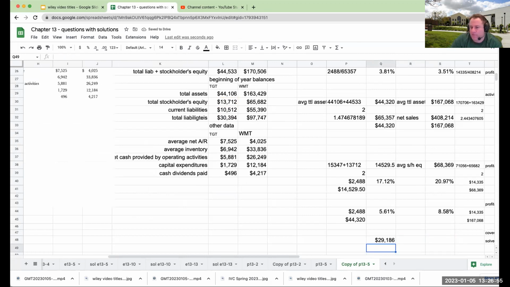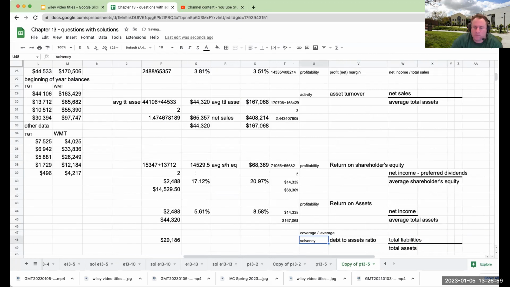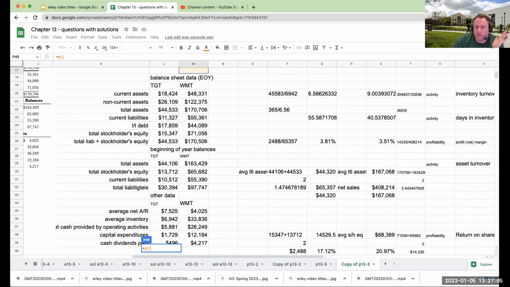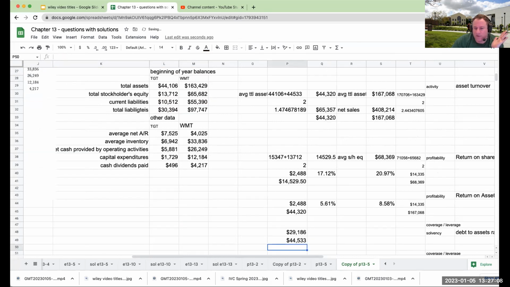I'm dividing this by my total assets. This is not average total assets. My total assets over here are 44,533. So my debt to assets ratio for Target is about 65%.